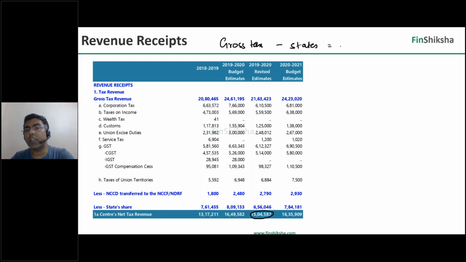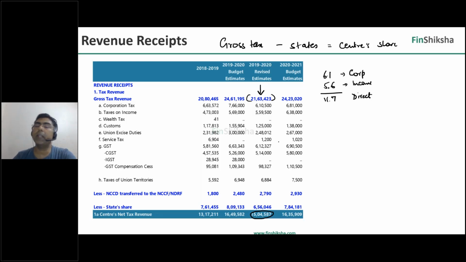Whatever goes to states, you are then left with the center's share of revenue, correct? That's 15 lakh crore. Your tax collection was expected to be 21 lakh crore. Out of this 21.6 lakh crore, you were expecting nearly half, 6 plus 5, right? So 6.1 lakh crore was expected to be corporate tax, and 5.6 lakh crore was expected to be income tax. This adds up to 11.7, which is direct tax, correct?